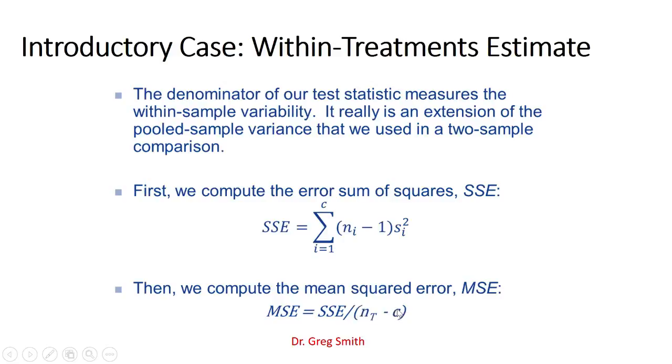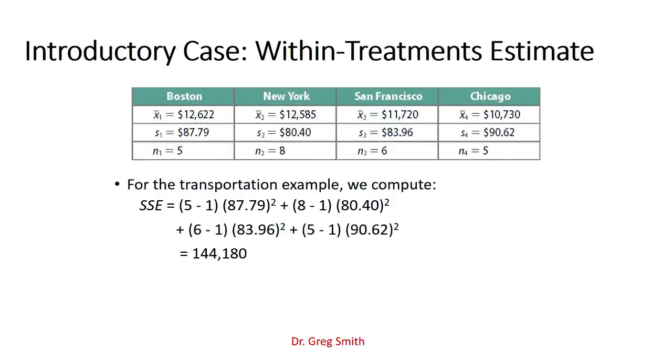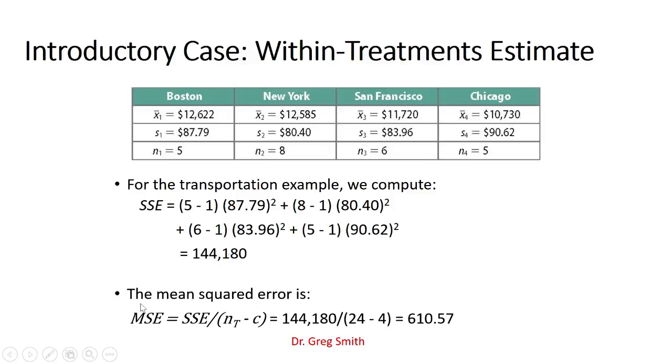This is a backed into number most often. It can be calculated and it is calculated on the sheet. So you can see how it's done here. 5 minus 1 times the variance plus 8 minus 1 times the variance, standard deviation squared, and it gives us our sums of squares due to error. The mean squared error, which is our white noise variance, is what I can't explain.